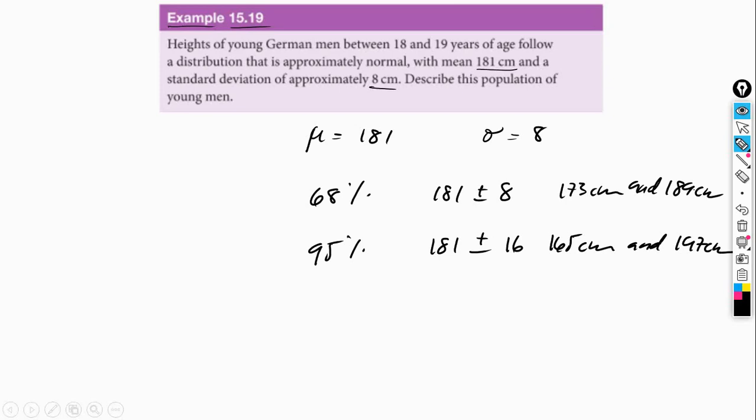And then finally, we would know that 99.7% of these young men would be between 181 plus or minus 3 times the standard deviation, which in this case would be 24. So that means that it would be between 157 centimeters and 205 centimeters.